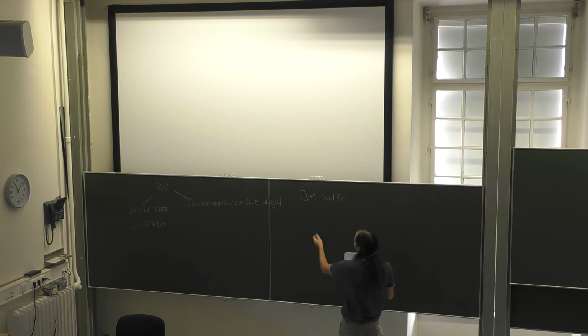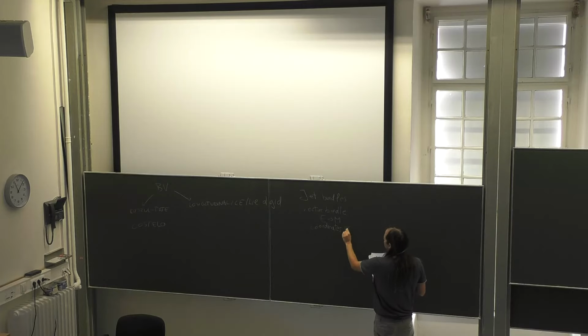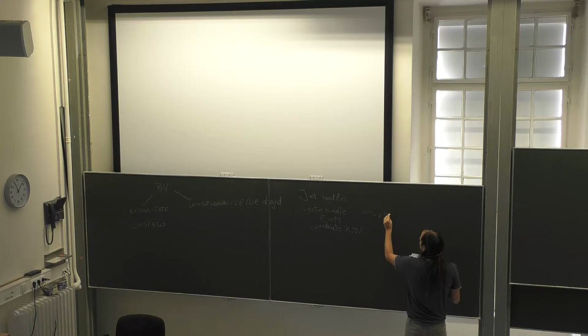So if you start with a vector bundle E to M with coordinates x, y, and y_i, then you can form an infinite dimensional bundle.